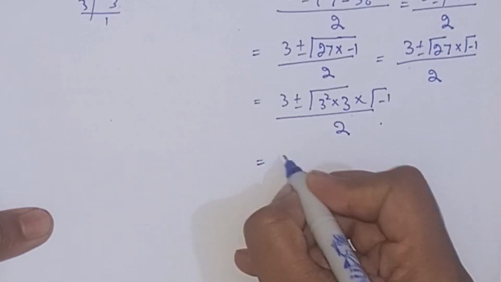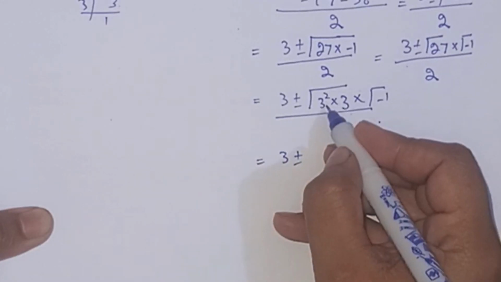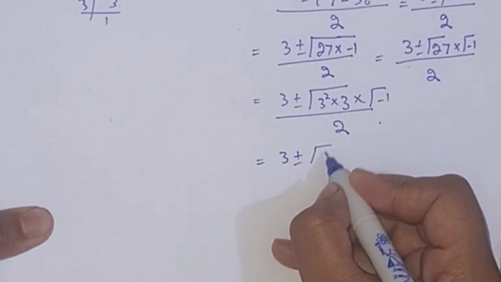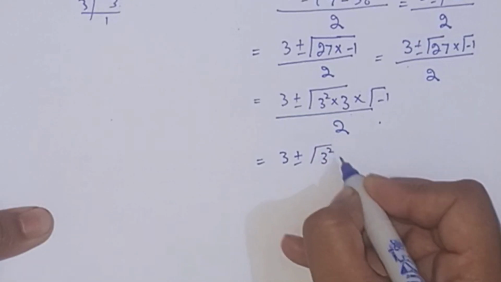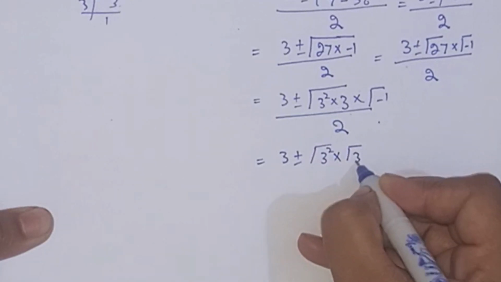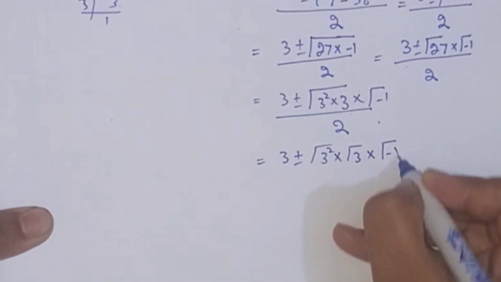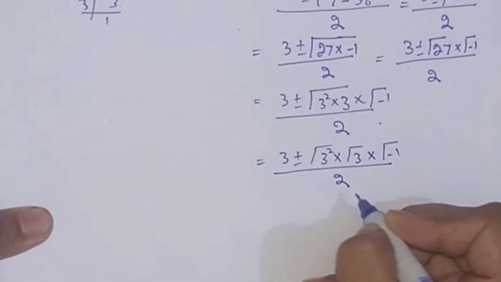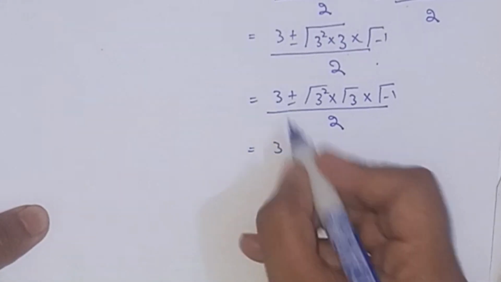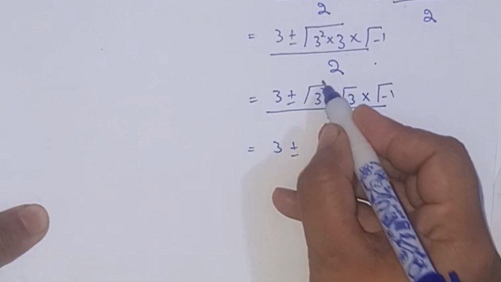Now look at the next step. This is 3 plus minus. We write this as square root of 3 square multiplied by square root 3 multiplied by square root of minus 1, over 2. In the next step, this square and square root will cancel.